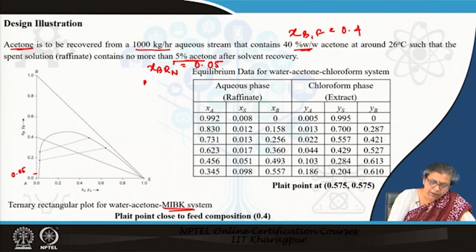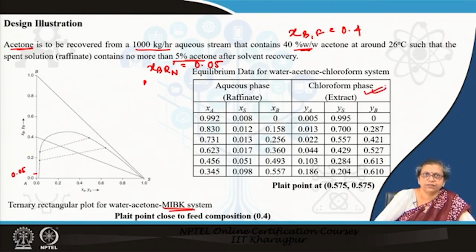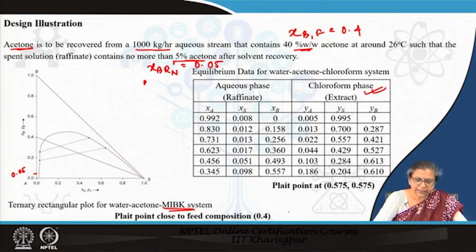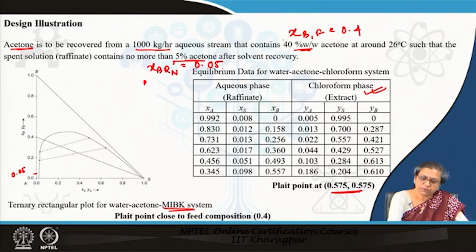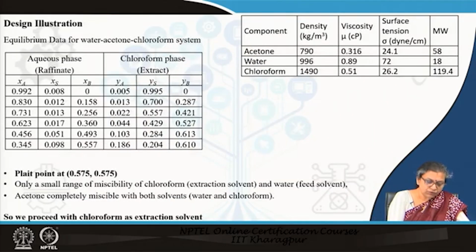So, although MIBK was the preferred solvent, we could not opt for MIBK. The next choice that we had, we selected chloroform. From the chloroform data, we plotted it, and we found the plait point to lie around 0.575, which is quite far away from 0.4. And moreover, if you observe the data, you find chloroform has very little miscibility with water.